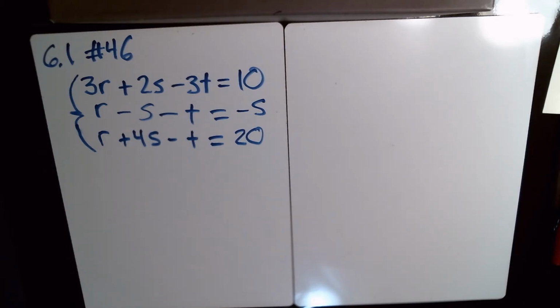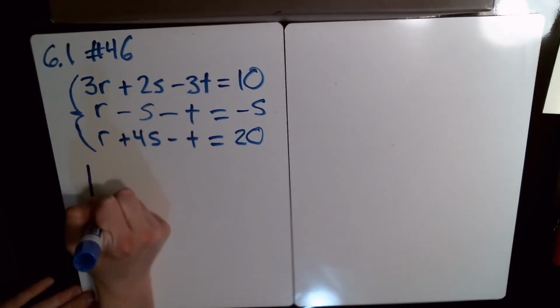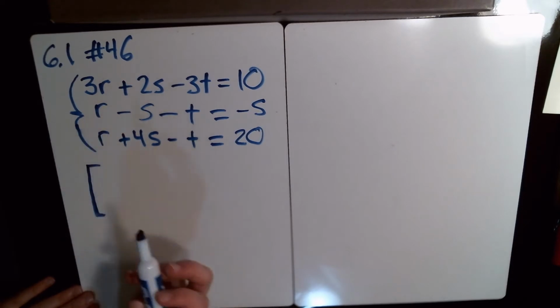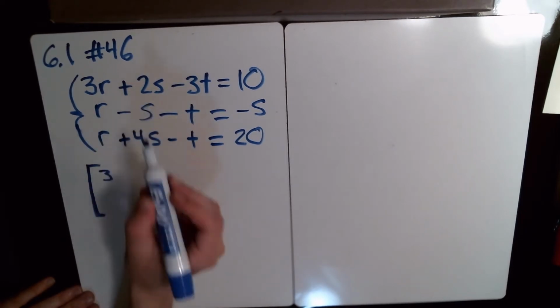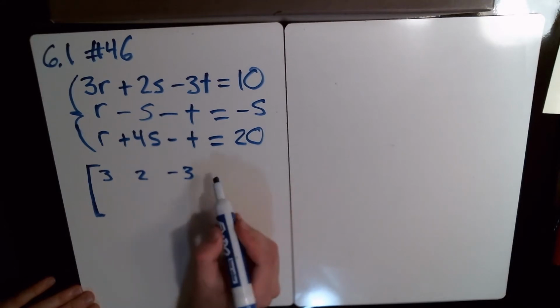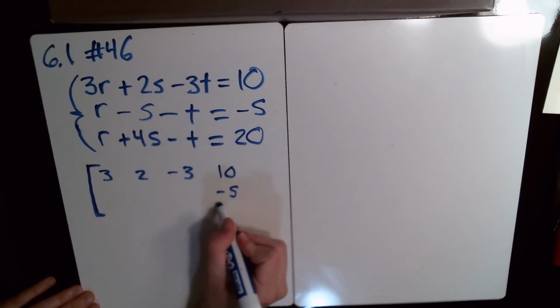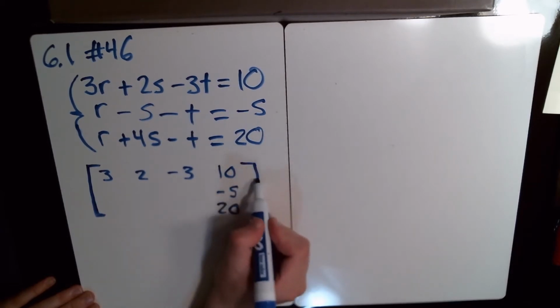So how we do this is we throw this in the matrix, right? So we put the coefficients in a matrix, 3, 2, -3, and then we put our things on the other side of the equal sign in the same matrix.